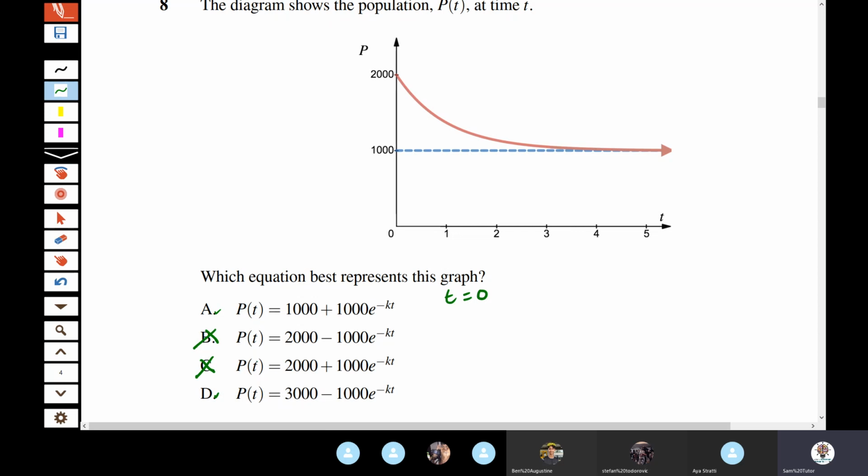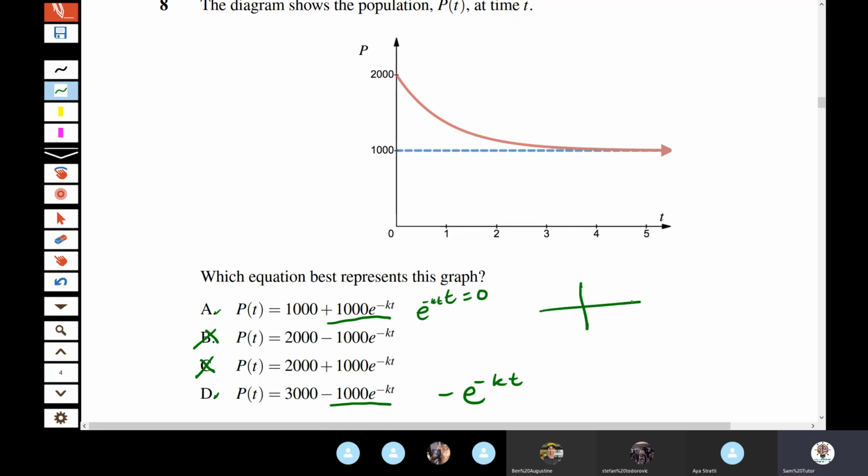So now we've got two potential cases. The next thing I would look at is the fact that one has e to the negative kt and the other has negative e to the negative kt, so negative compared to positive.